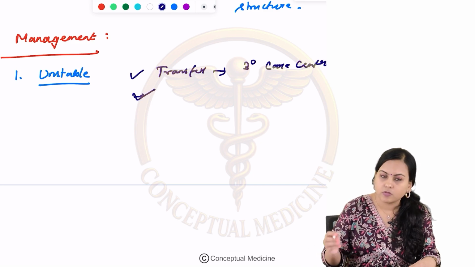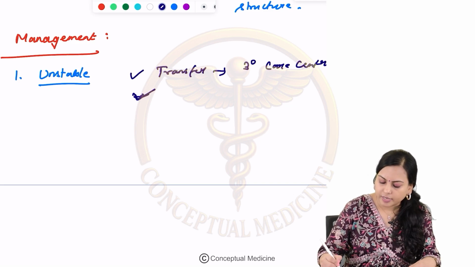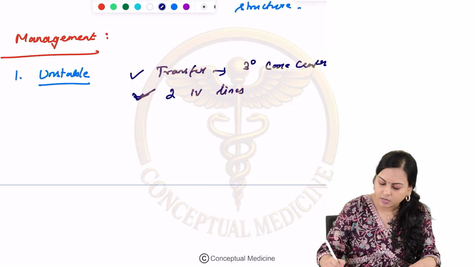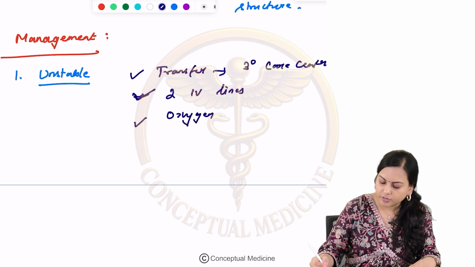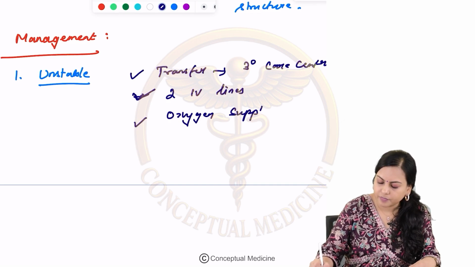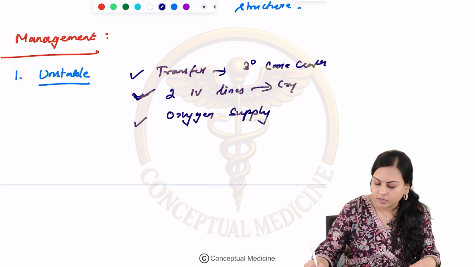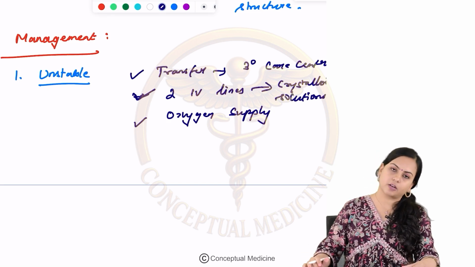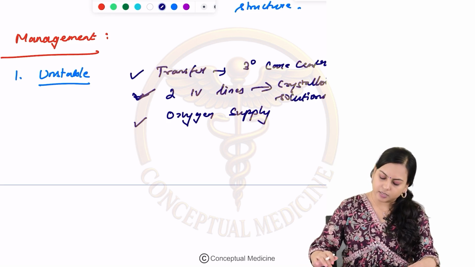You have to get access to 2 IV lines before shifting itself. Then definitely give oxygen supply and supplement crystalloid solutions through the secured IV lines. If possible, blood transfusion can also be started, right? Okay.